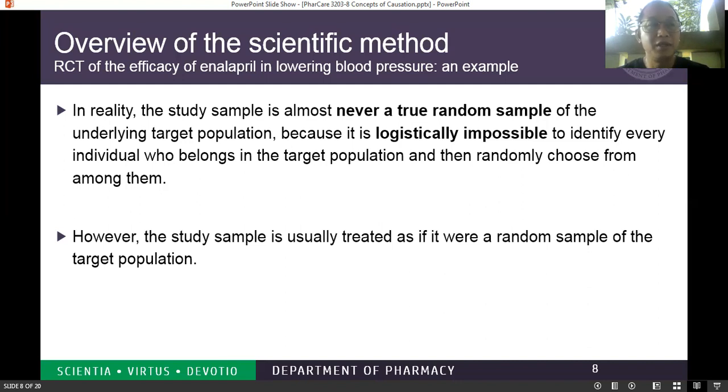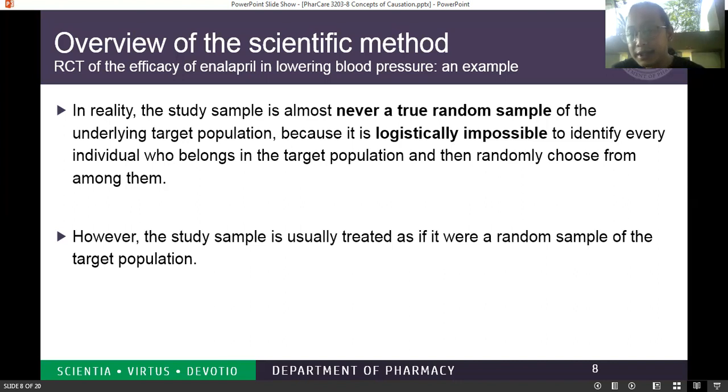We will announce our trial and ask those who are eligible to participate to register and submit their details to us, and then we select them. We can call it a random sample.